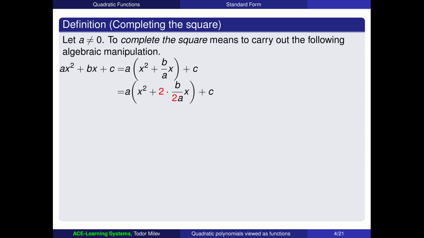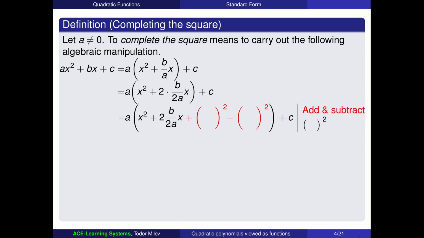Okay, the next thing we do is we multiply by 2 and we divide by 2. Then we add and subtract some magic constant so as to make this expression that we see here into a perfect square. What was that magic constant? Well, to remind you, the constant was determined like this.